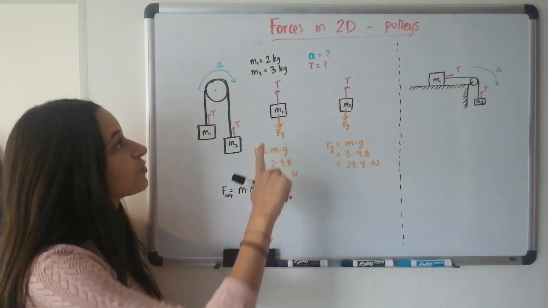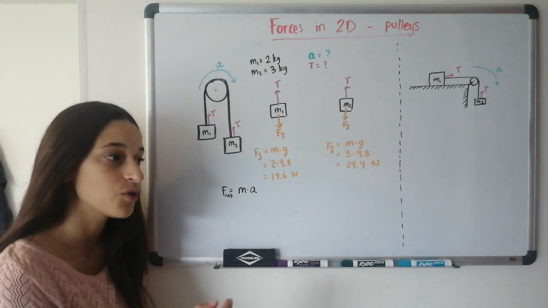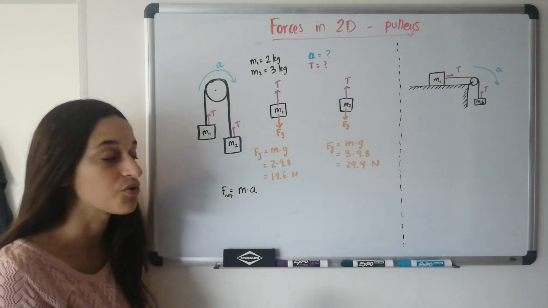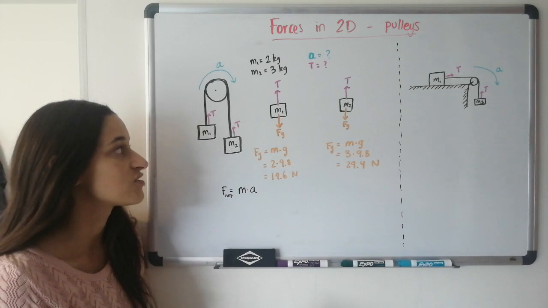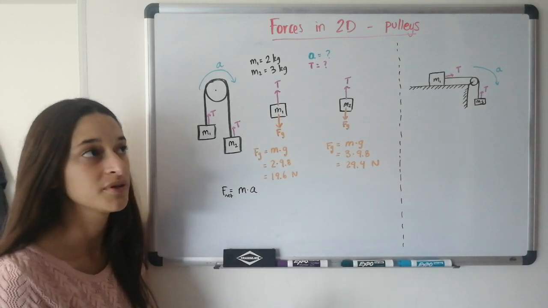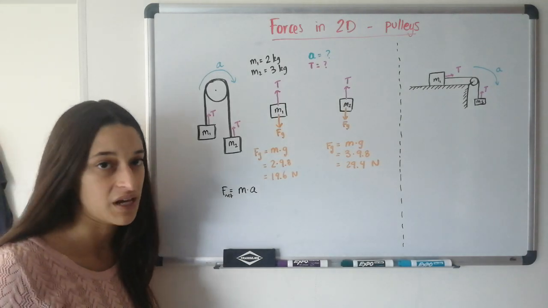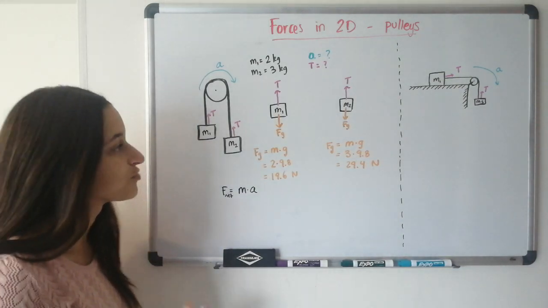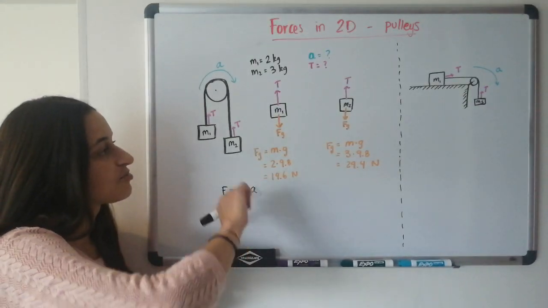What we're going to do is call positive the force that goes in the direction of the motion, and negative the one that doesn't go in the direction of the motion. I think this is the easiest way. Some people prefer to just call up positive and down negative. You can do it whichever way makes more sense to you, but look at my way and see if it helps. My way is, if it goes in the direction of motion, it's positive.